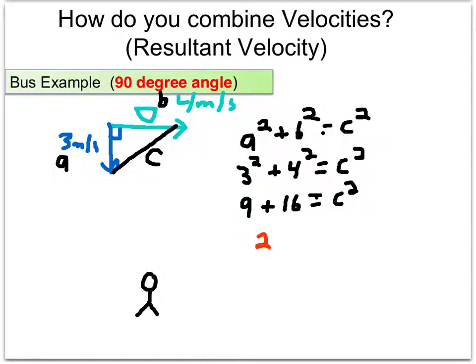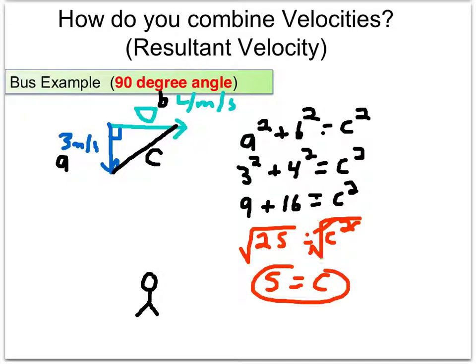This would be 25 is equal to c squared. And then we'd have to take the square root of both sides. So we'd take the square root of this side, square root of that side. That gets rid of the squares here, and we get 5 is equal to c. So the actual velocity of the boat, if this person radared the boat, he would actually get 5 meters per second on his radar gun.